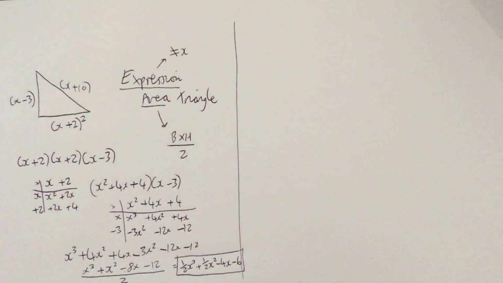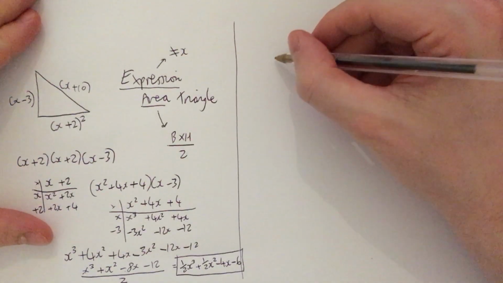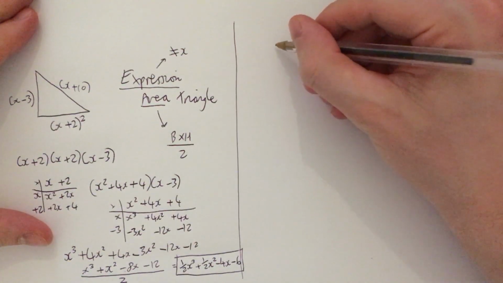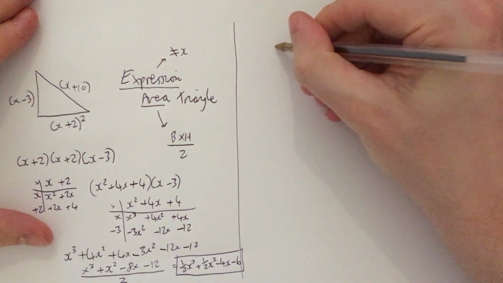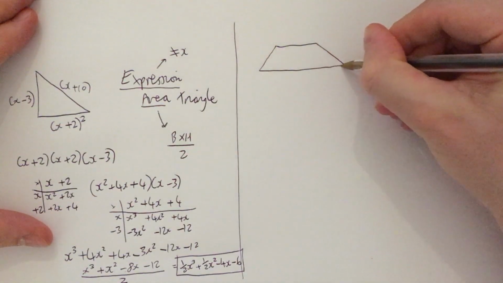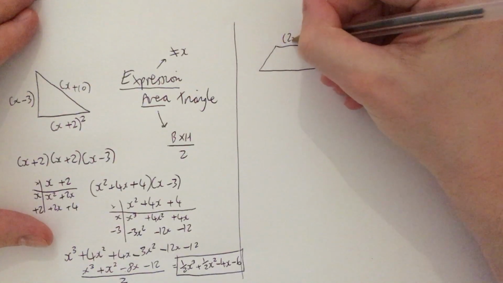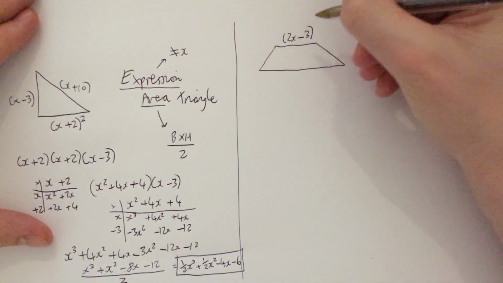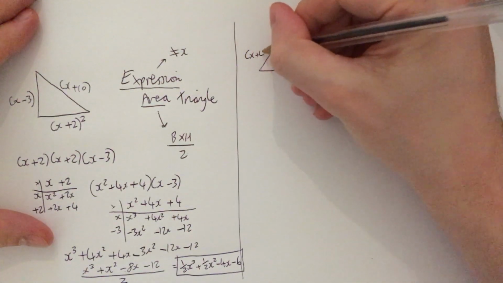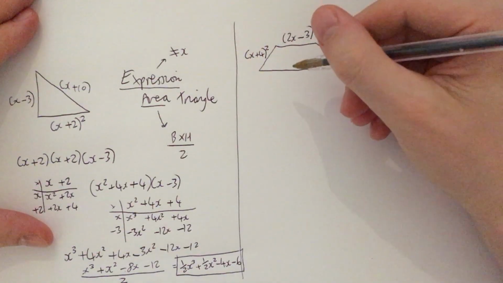Right, second example. Now this looks a little bit more challenging. They're going to give you something looking a little bit like this. So straight away, when you see the shape here, you need to think trapezium immediately. They tell you that this here is x plus 4 bracket squared.